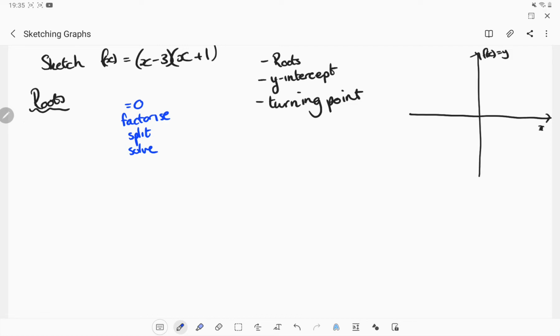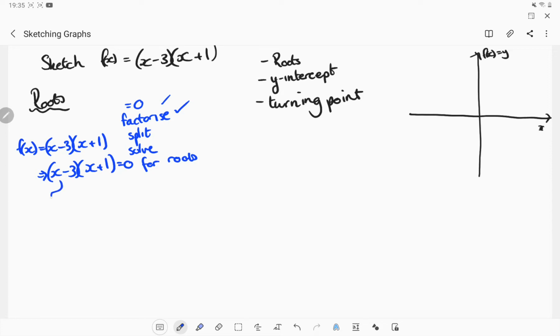So what we have is f of x equals (x minus 3)(x plus 1). We are going to have (x minus 3)(x plus 1) equals 0 for roots. Done. It's already been factorized, so we didn't even have to worry about that one.